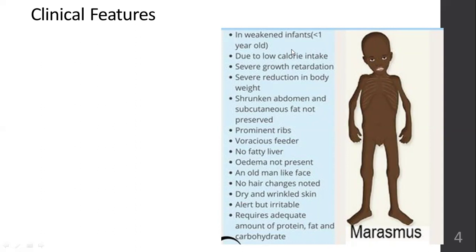If the child is more than 3 years of age, usually it could be kwashiorkor. Marasmus very evidently happens in children who are less than 1 year of age. And why does this happen? Due to low calorie intake, or sometimes the weaning diet is not up to the mark. The weaning diet is not giving an adequate amount of fat or calories.